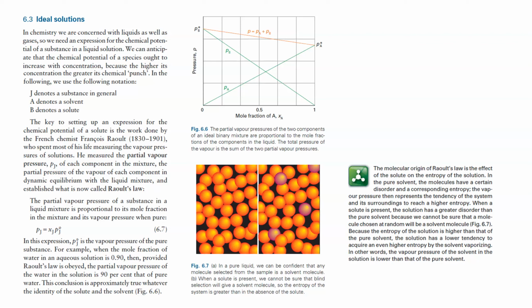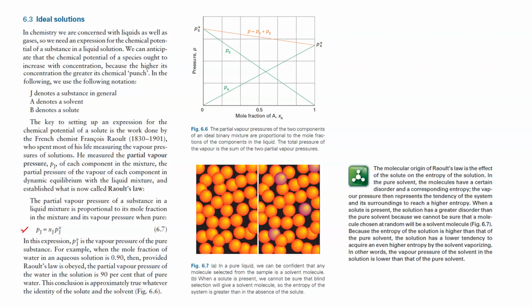He measured the partial vapor pressure, P sub J, of each component in the mixture, the partial pressures of the vapor of each component in dynamic equilibrium with the liquid mixture, and established what is now known as Raoult's law, which states the partial vapor pressure of a substance in a liquid mixture is proportional to its mole fraction in the mixture and its vapor pressure when pure. That's shown by equation 6.7.